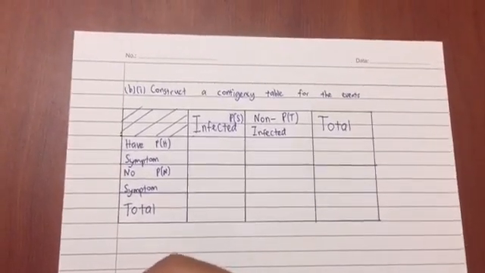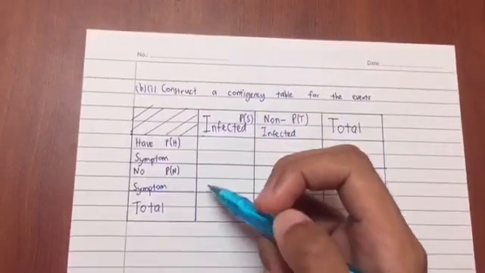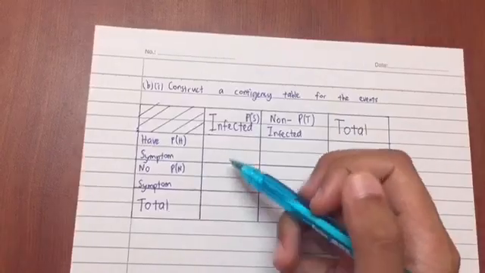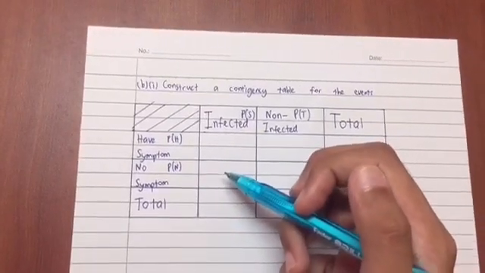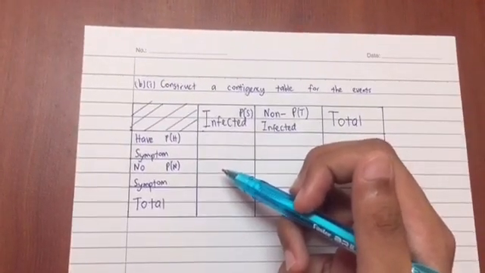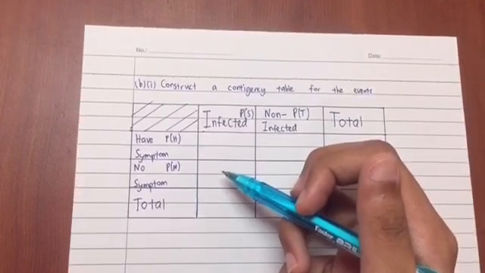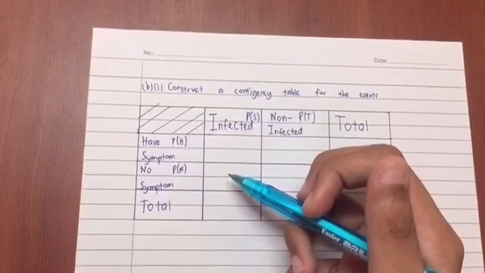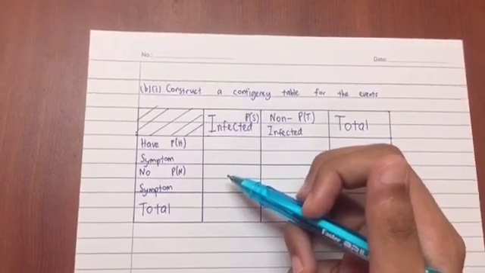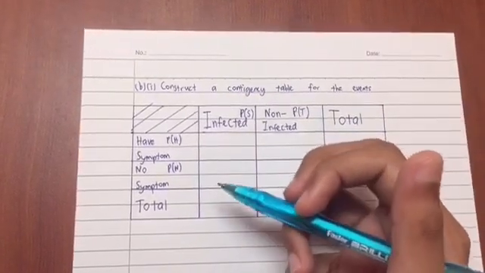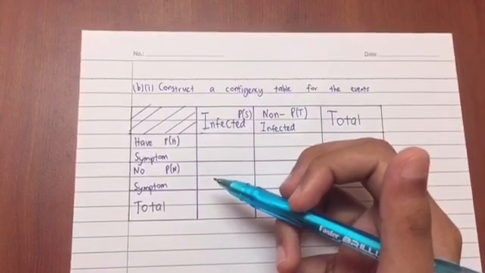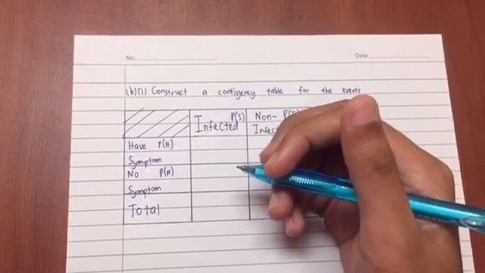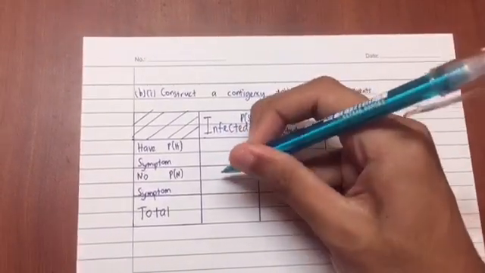So free from any symptoms and infected is the value in this bracket. To get this value, we just multiply 0.7 and 20%. So 0.7 multiplied with 20%, we get 14. So 14 we just put in this table.